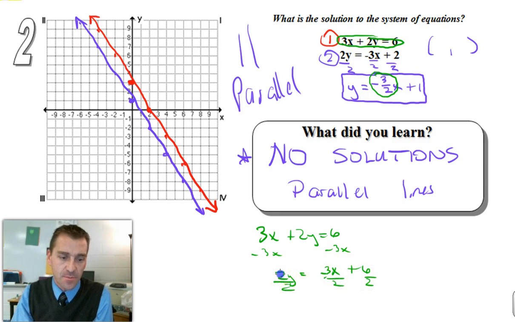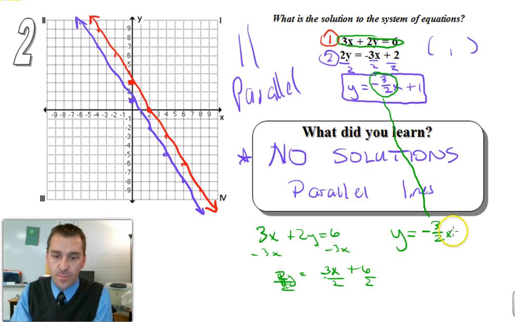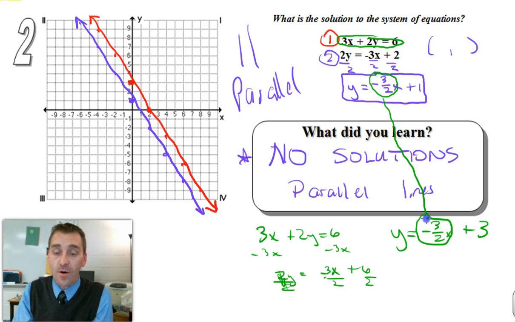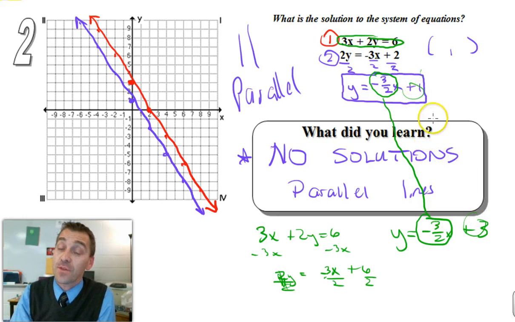So I would get the same thing. This would cross off, so I'd have y equals negative 3 over 2x. That's the same slope right there. And then this would be plus 3. So I have plus 3 is my y-intercept, plus 1 is my y-intercept, but notice the actual slopes are the same. That's why they're parallel, and they're not coinciding lines, because this guy and that guy have completely different y-intercepts, but they do have the same slope.